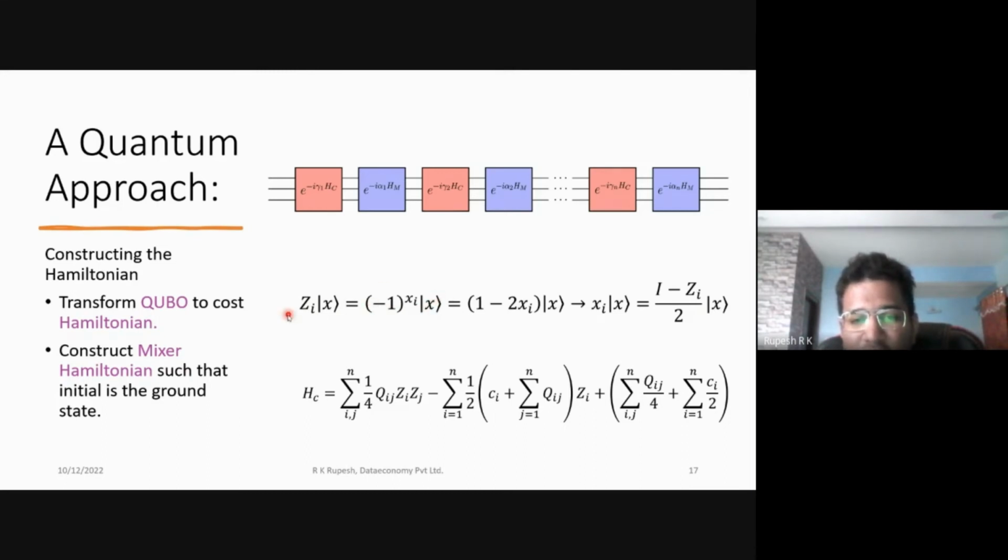What does this mean? Let's say x is 0, then (-1)^0 is just 1. So if the Z gate is acting on the 0 state, you will just get the 0 state. On the other hand, if Z is acting on the 1 state, you get (-1)^1, which is negative 1. So the action of the Z gate on the 1 state will give you minus 1.